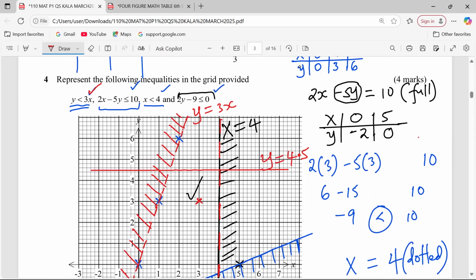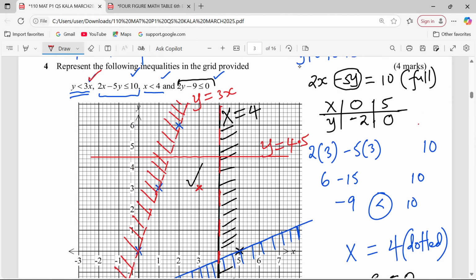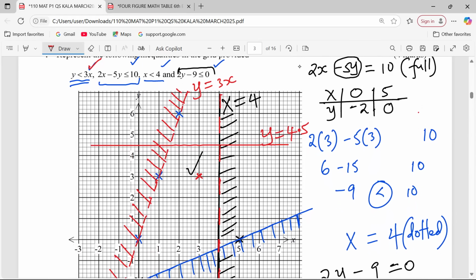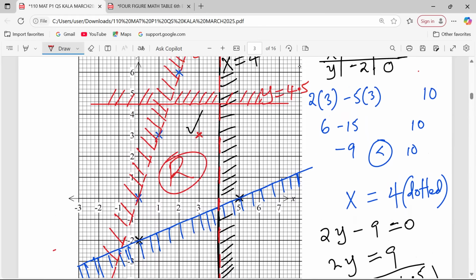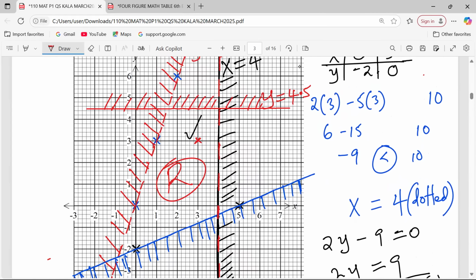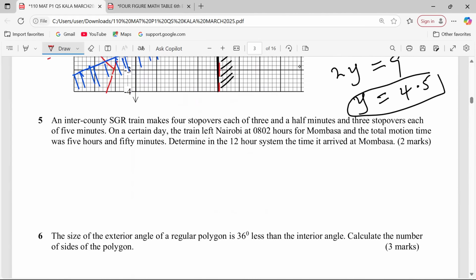And if it's going to be less, then it means the coordinate we are picking is on the right side. So the upper side should be shaded. You see all the borderlines have been plotted now to represent a common region R there. So that's how you plot linear inequalities.